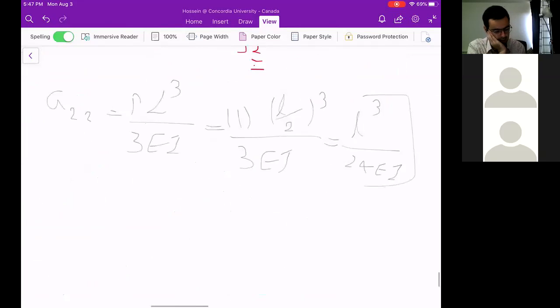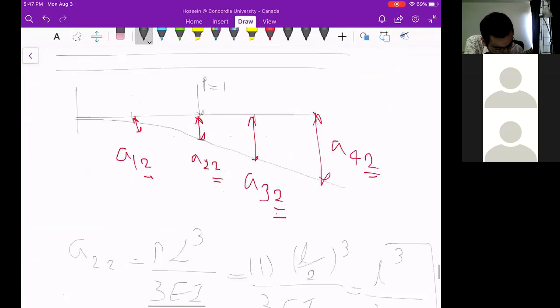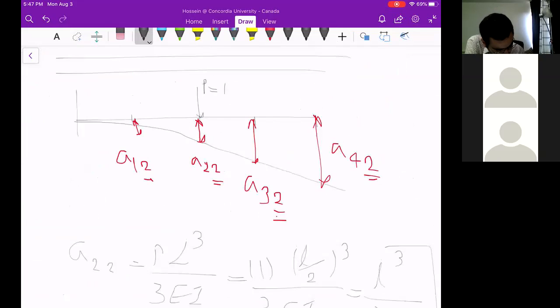Similarly, A32 is A22 plus this length, geometrically. This length is L over 4 multiplied by theta 22.